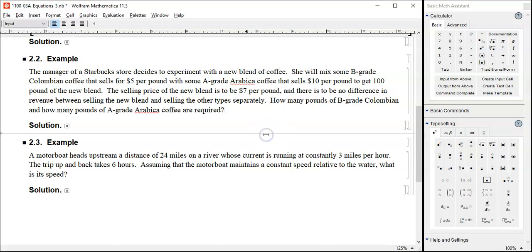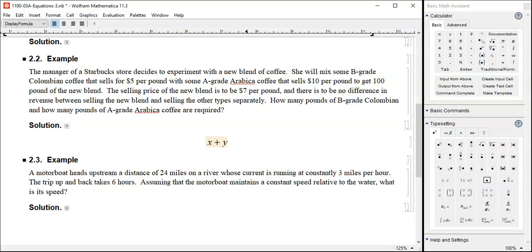Is this clear to everybody? x plus y is equal to 100. Is that clear to everybody? x is Colombian, y is Arabica, and they add up to a total of 100 pounds. You see? Let's start from the structure. x plus y equals something. ax plus by is something else.